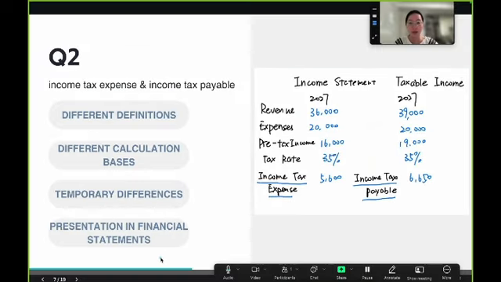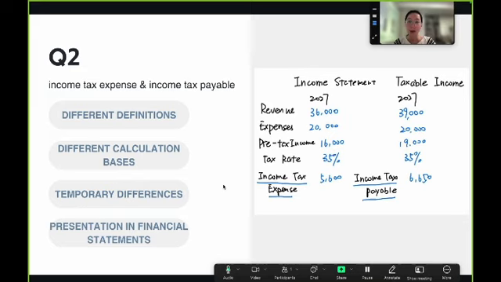Thank you. Hello, this is question 2, and my answer is that income tax expense and income tax payable are different. There are 4 points of difference. For the definition, income tax expense refers to the total amount of income tax charged to the income statement for a specific accounting period, including the tax based on the current taxable income and any deferred tax expenses or benefits.